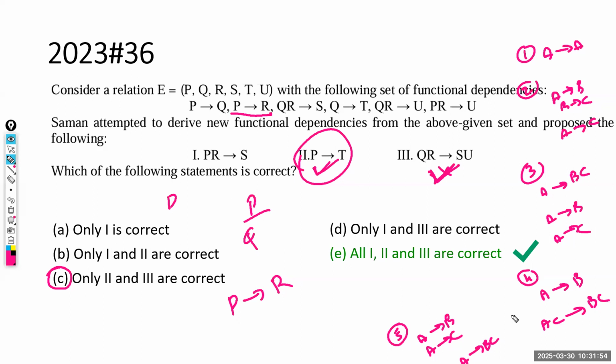So then I can say, remember this rule, if A determines B, AC determines BC, or AX determines BX. So therefore I will add R here, R here, because it can be anything. So therefore I can say PR determines, not PR, right? So S is QR, right? Yes. QR determines, P determines R.